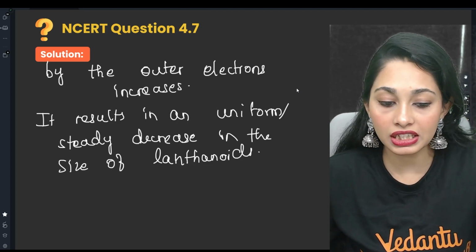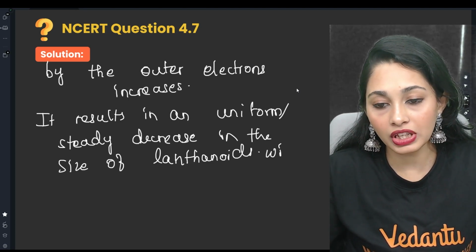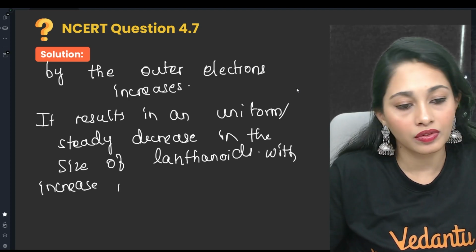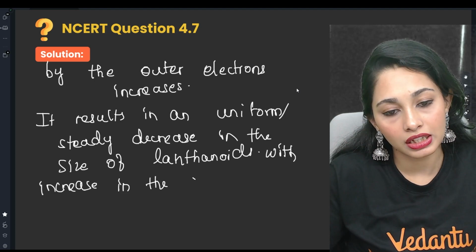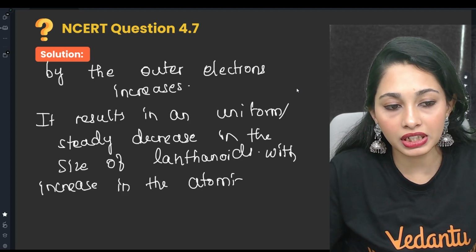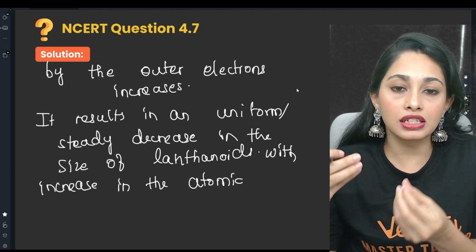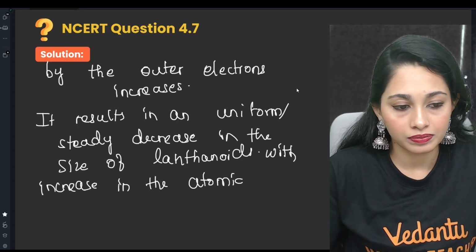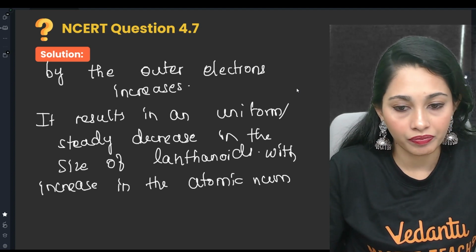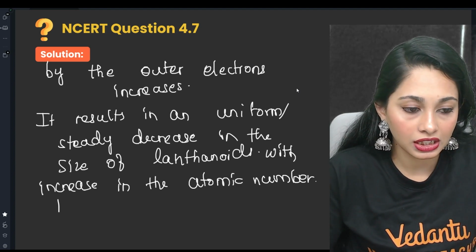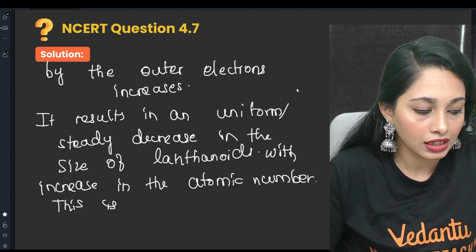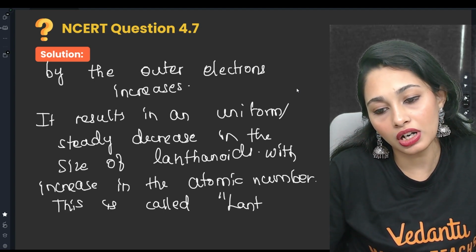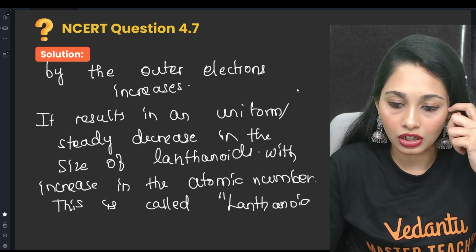So with an increase in the atomic number, there exists a uniform or steady decrease in the size of the lanthanoids. This is called lanthanoid contraction.